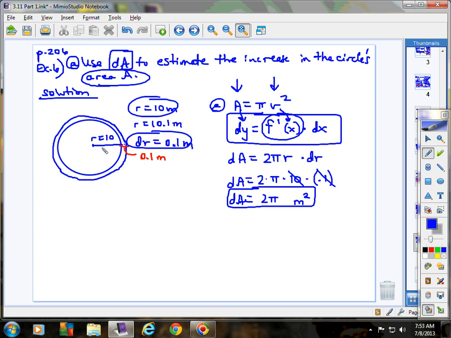If our circle increased from a radius of 10 to 10.1, then the area inside the circle would increase by approximately 2 pi. Pi is about 3.14, so 2 times 3.14 would be about 6.28. So we would have about 6.28 more square meters in this extra little part than we had to start with. That's not the total amount of area, it's just the increase in A, the change in A.